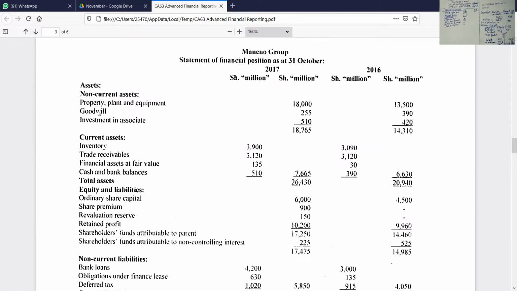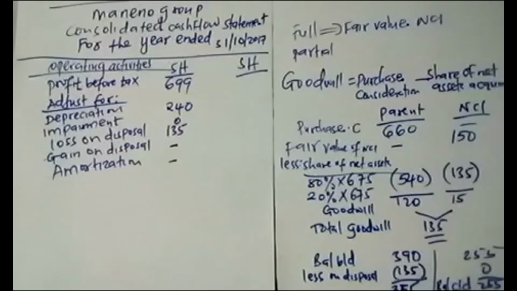Since it was goodwill, we checked for impairment, and we arrived at the conclusion that there is no impairment. So that is fine. After you are done with those 5 items, you have adjusted your profit before tax, and you go back to your income statement.